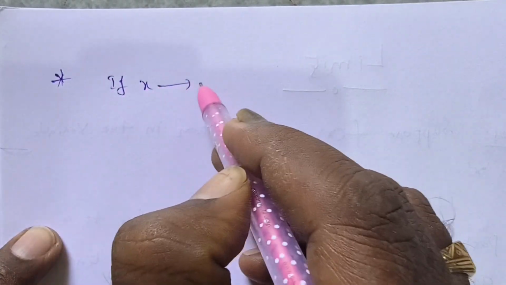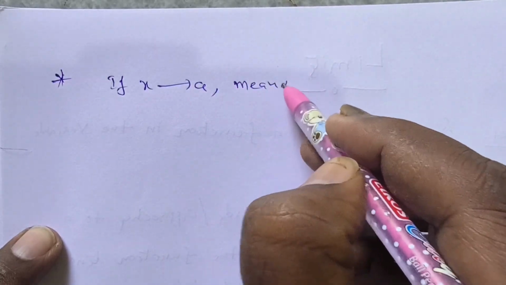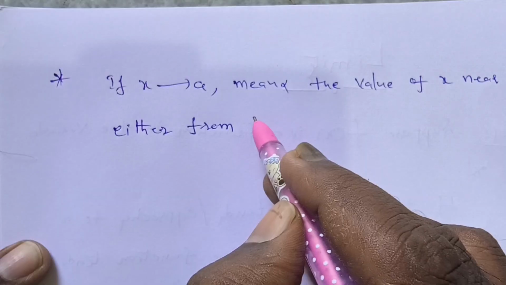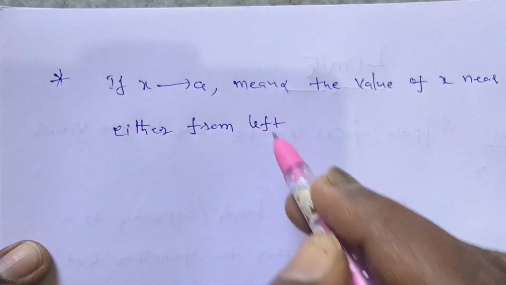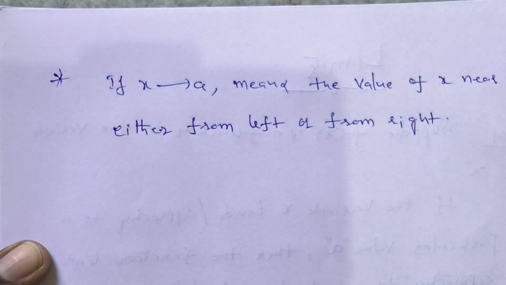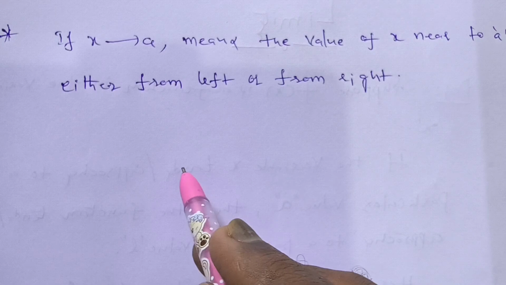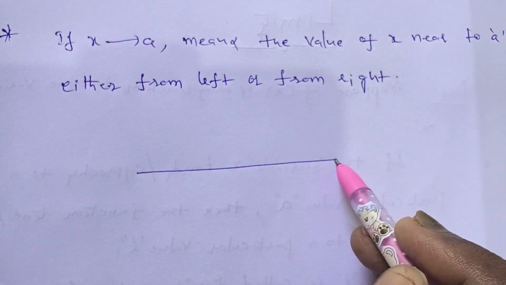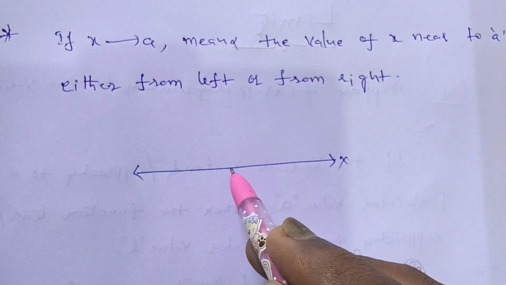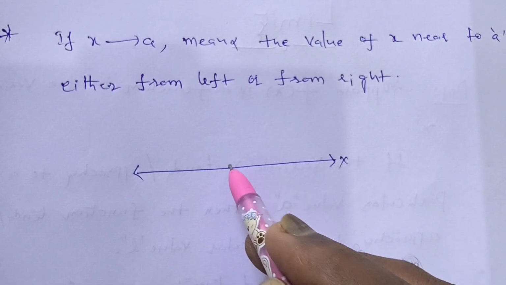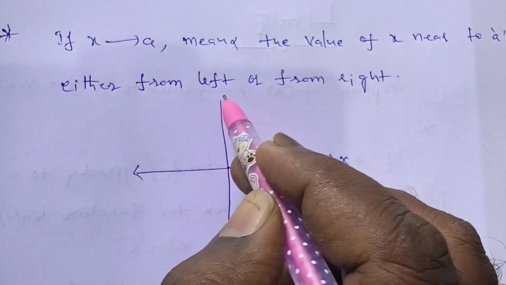So from that we have a note: if x approaches a, this means all values of x near to a, either from the left side or from the right side. To understand this point, let us check the graph here. This is the horizontal line, the x-axis, and this is the vertical line, called the y-axis.